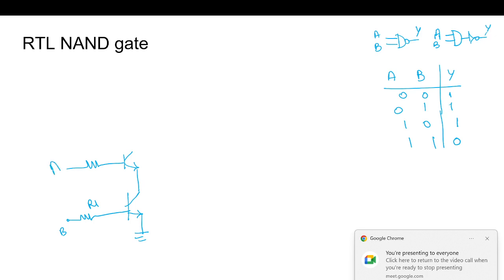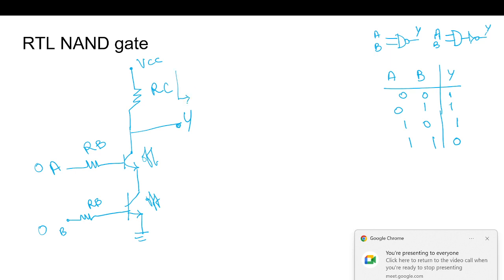So another input, A input, through this. And we'll connect VCC with the pull-up resistance R. So this will be the output Y. Now if we consider both are 0, 0, then both will be in off state.